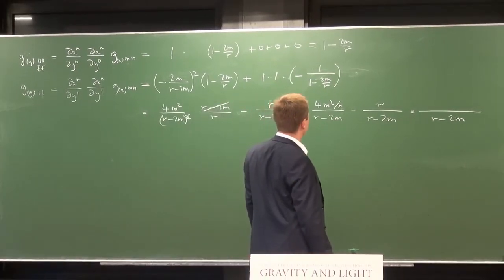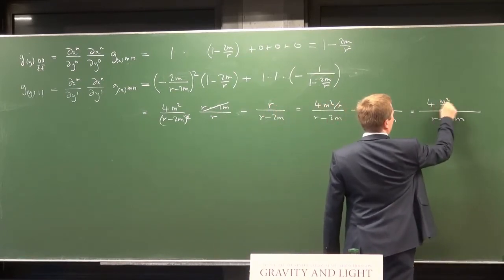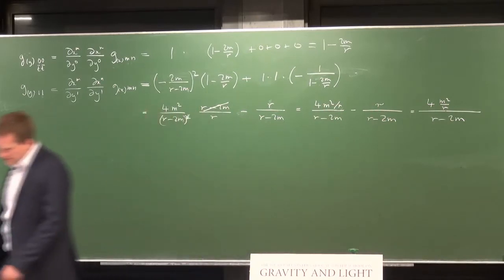And is this right? 4m squared by r. Let me see whether this is right.